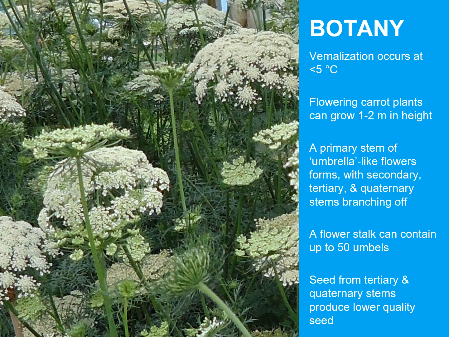And the seed quality varies according to which stem it's derived from. So the highest quality seed is usually on the primary and secondary stems, with the tertiary and quaternary stems having much lower seed quality.